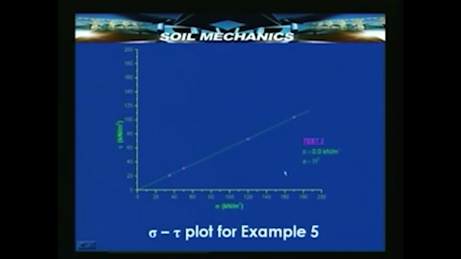Angle phi will have to be then calculated as tan inverse of tau upon sigma, because the coordinates of this point are sigma, tau and the angle of inclination will be tau upon sigma, and unless the scales are equal, we are not justified in directly reading this angle and taking it as the angle of internal friction. This is the plot for example 5.